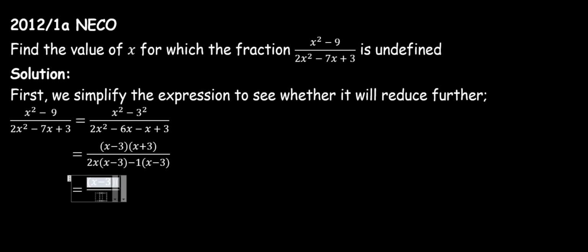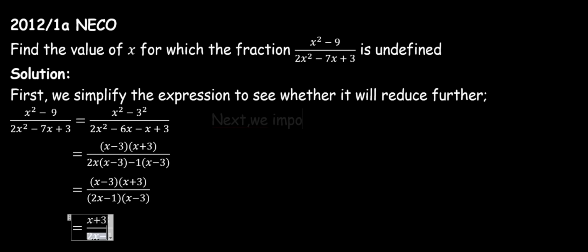Going further, the numerator still remains the same, (x minus 3) into (x plus 3). The denominator, you just factor out x minus 3, and you'll be left with 2x minus 1. From here, some terms will cancel out: x minus 3, numerator and denominator. So you'll be left with x plus 3 at the numerator divided by 2x minus 1.